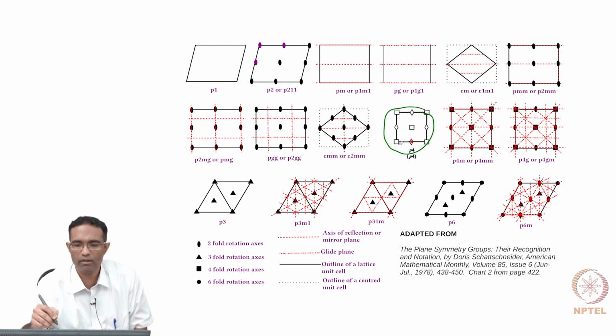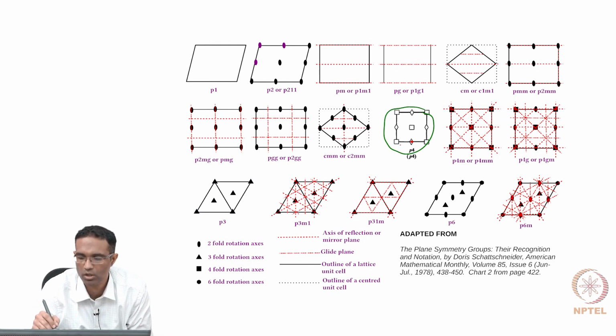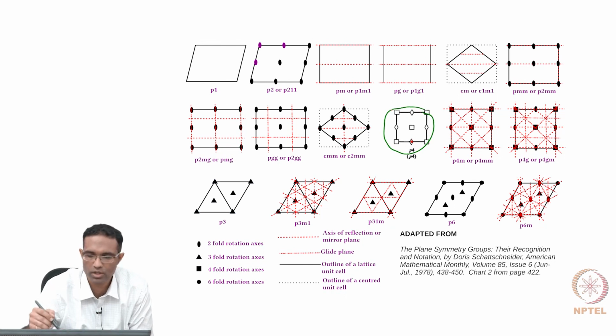As soon as you have P4, it automatically generates additional twofold rotation axes at this point, this point, this point, and this point. The presence of the fourfold symmetry automatically entails these additional symmetries.